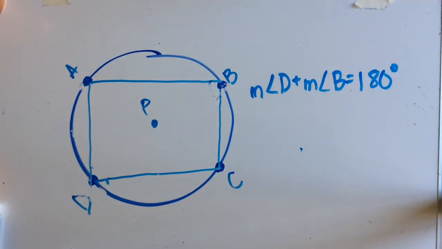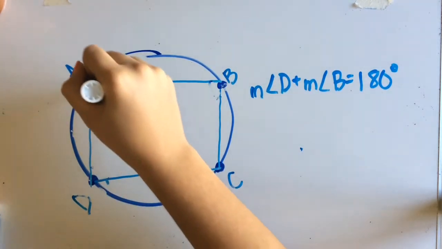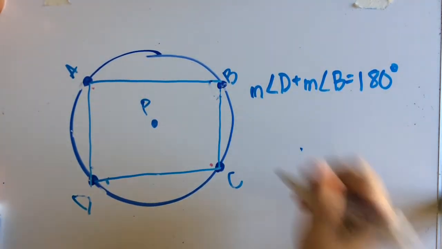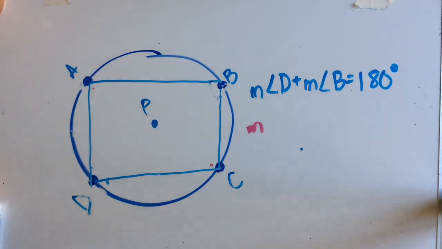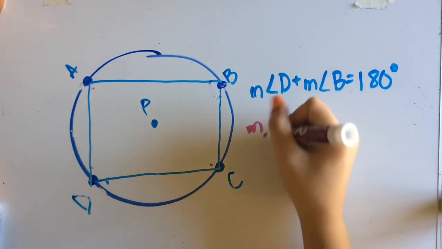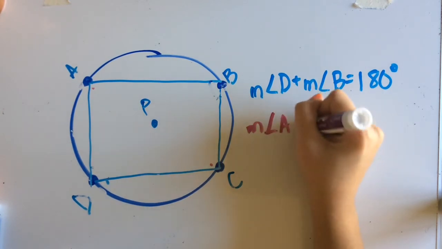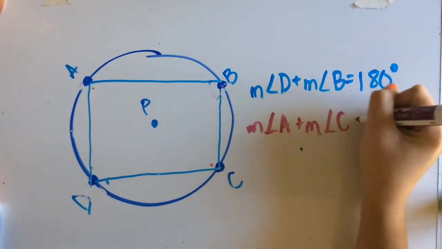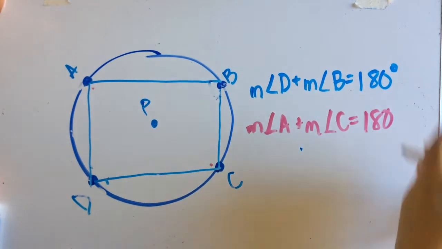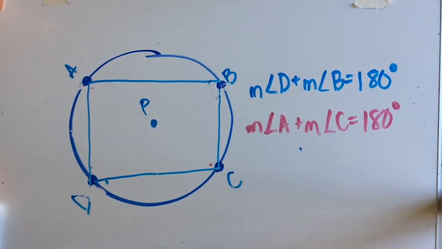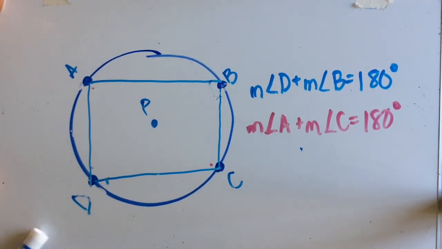Also, A and C are opposite of one another. So angle A is opposite of angle C. So I also know, because they're opposite angles, that they are supplementary. So that means that the measure of angle A plus the measure of angle C is equal to 180 degrees. That's just what supplementary means. They add up to 180 degrees.